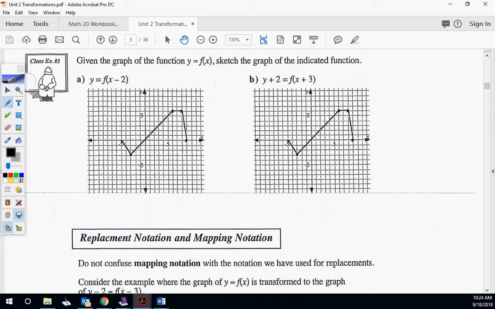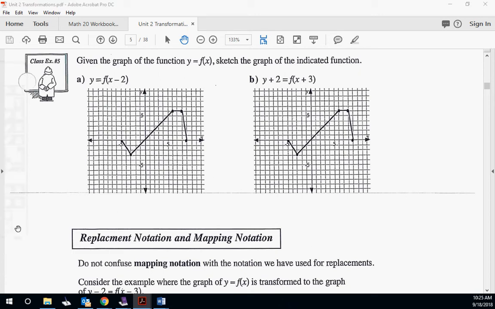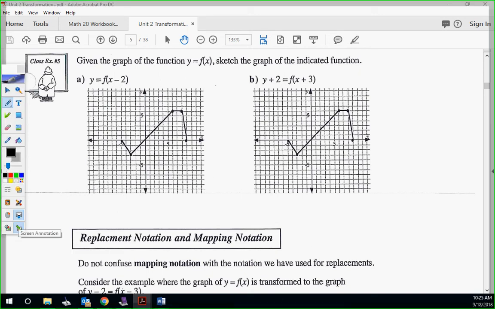Given the graph of function y equals f of x, sketch the graph of the indicated function. So if it's f of x minus 2, we need to move that whole graph, what? Just right 2. I'll just take some key points. Take this point, this point, this point, that one.